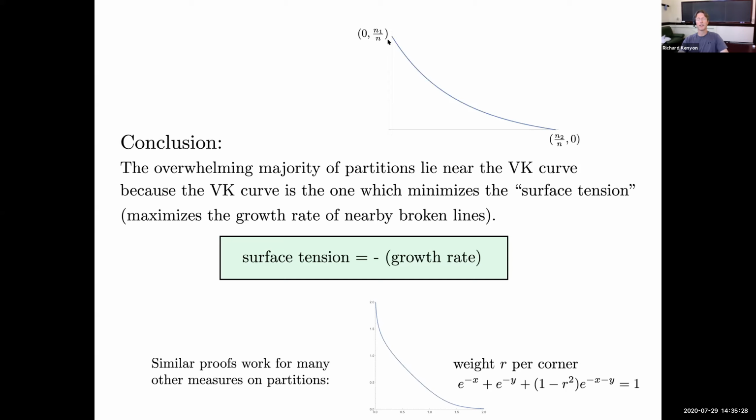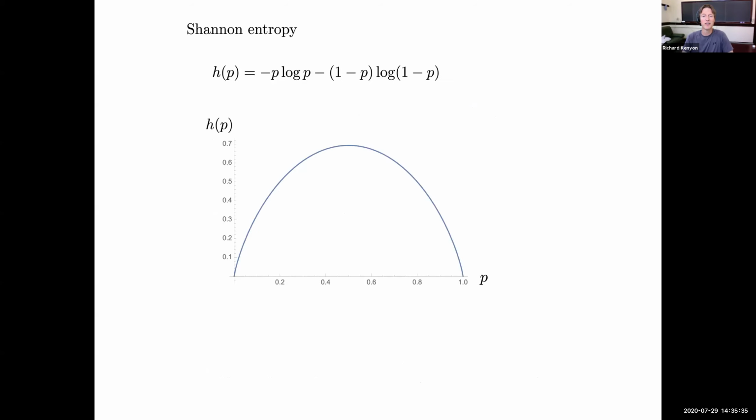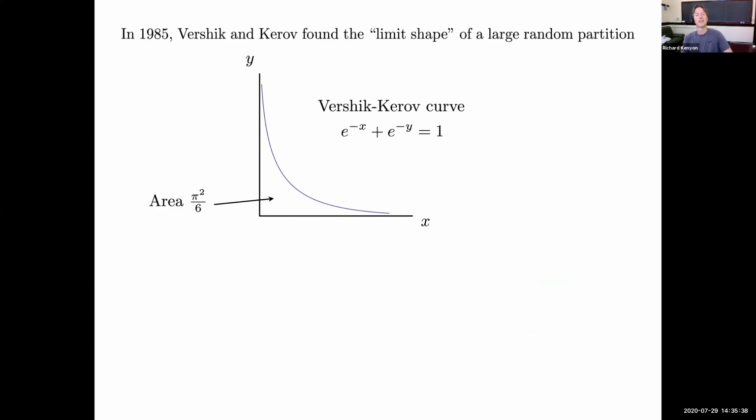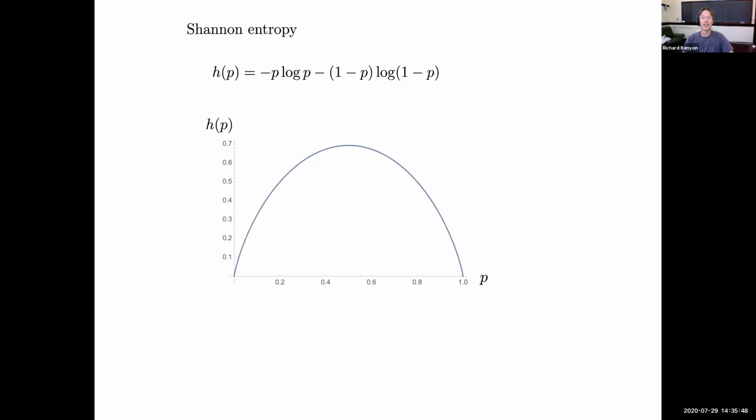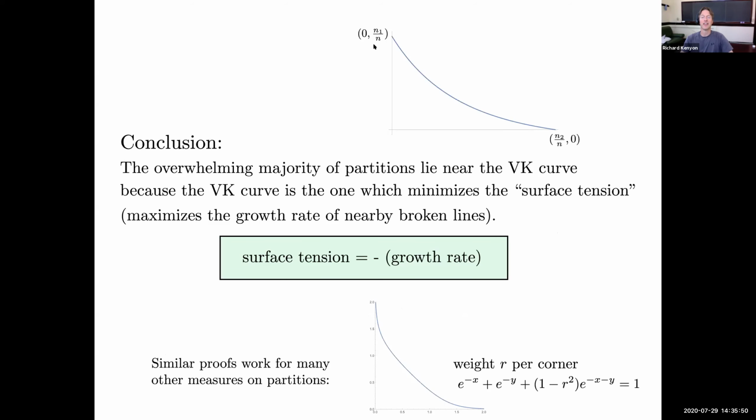The interesting thing is that the Vershik-Kerov curve is this curve, which, let's go back, it's this one here. It's an infinite curve. But when you have two fixed endpoints, like there, what you're going to see here is just a part of the Vershik-Kerov curve, which is translated and scaled to go through this point and that point, and also scaled to have the correct area 1 underneath that curve.